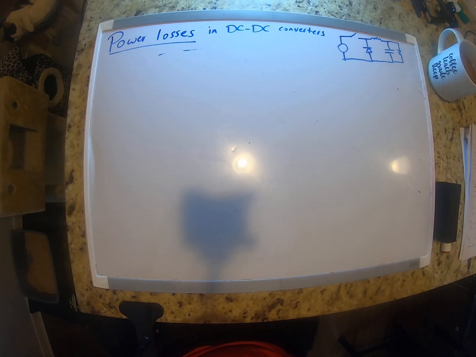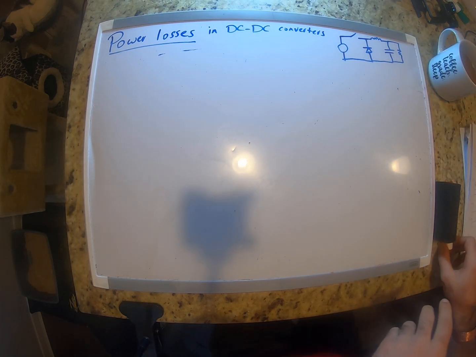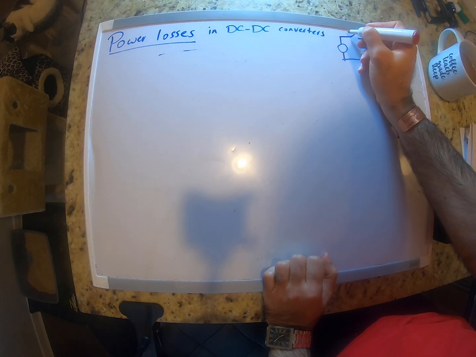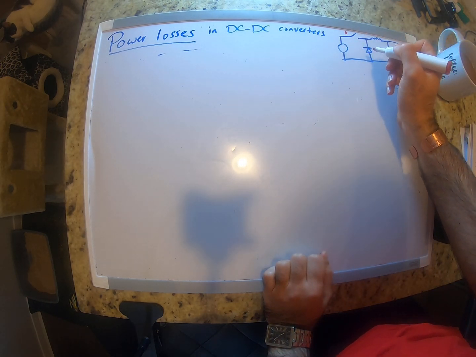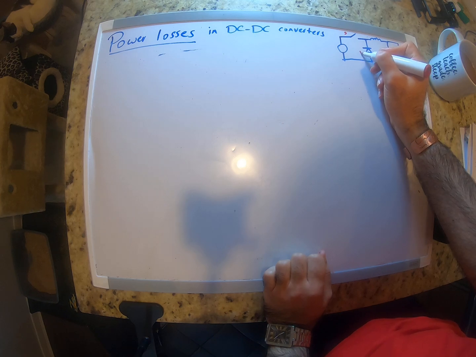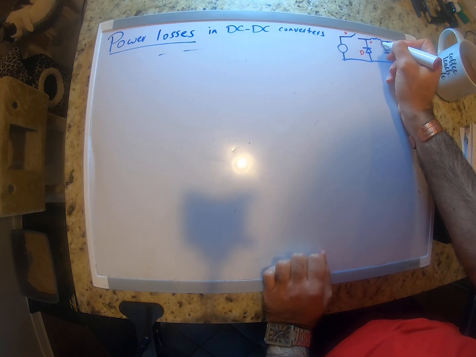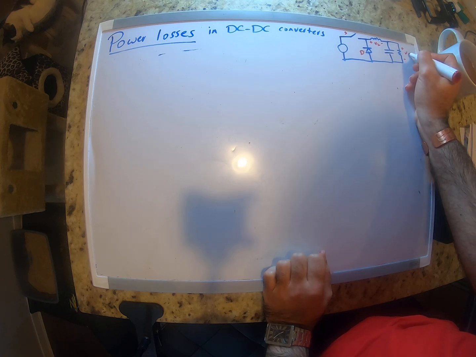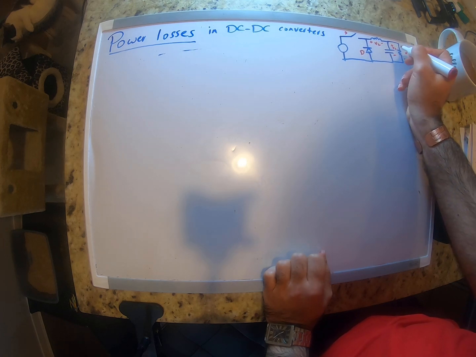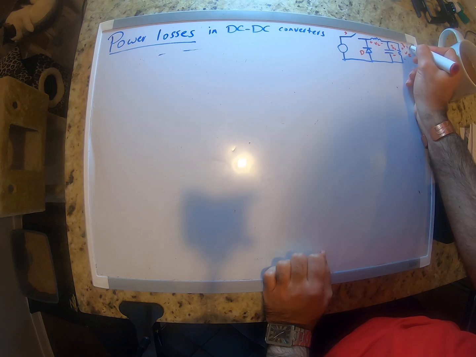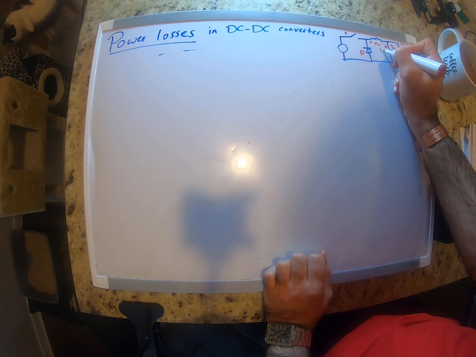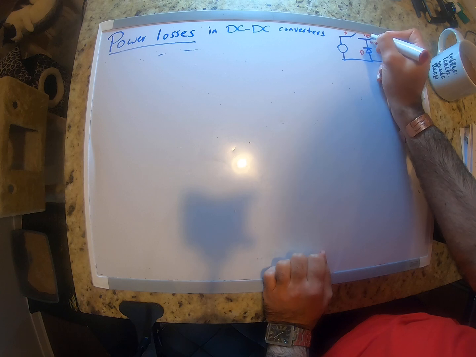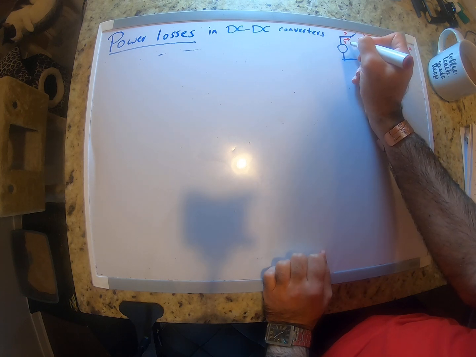Right, so this is the switch. Can be a MOSFET or IGBT. This is a diode. This is, let's say, VL. This is VR, sorry. This is VC. This is IR. And this is IC. This is IL. This is I switch.